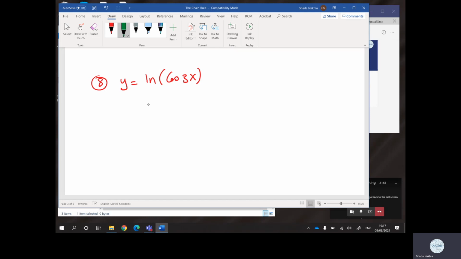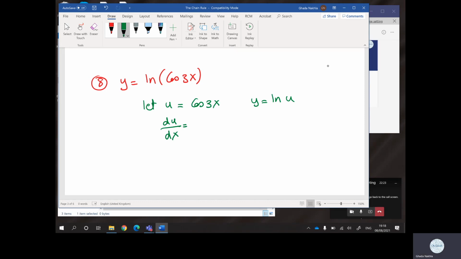So let u equal cos 3x. This means that y is equal to ln the bracket, and the bracket is u, so it's ln u. And then we go du by dx.